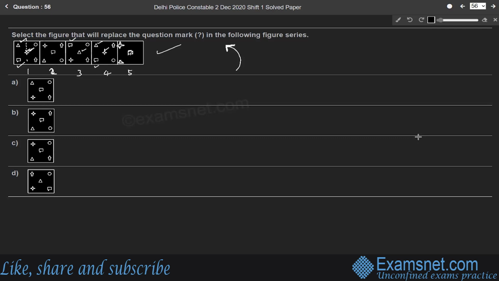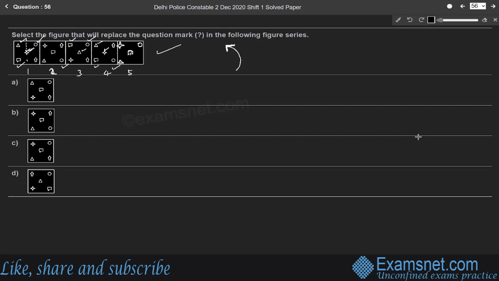So look at the symbols on the right side of the figure, right? So symbols on the right side interchange their positions in each figure. So in the first figure, circle is on the top right, and in the second figure, it is bottom right. The third figure, again, top right, and fourth figure, bottom right. So in the fifth figure, it has to be on the top right.